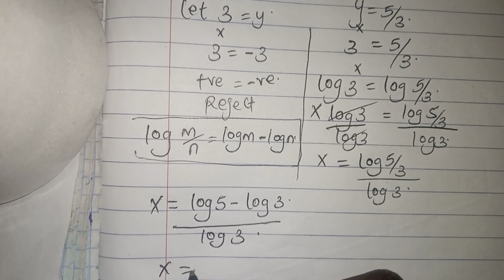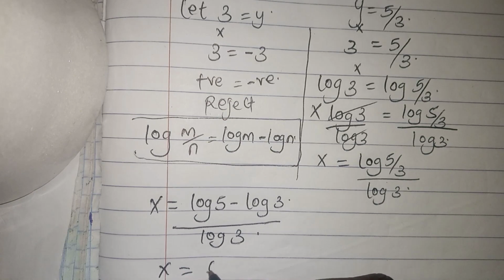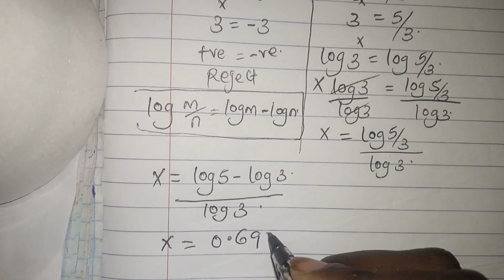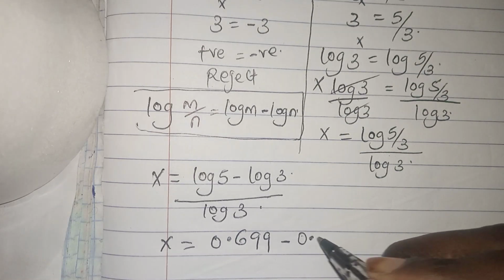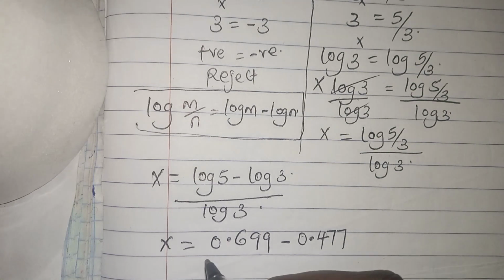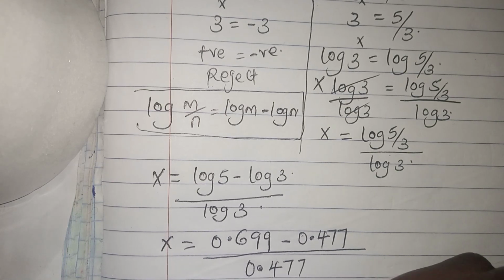So x is equal to log 5, which is 0.699, minus log 3, which gives us 0.477, over log 3, which is 0.477.